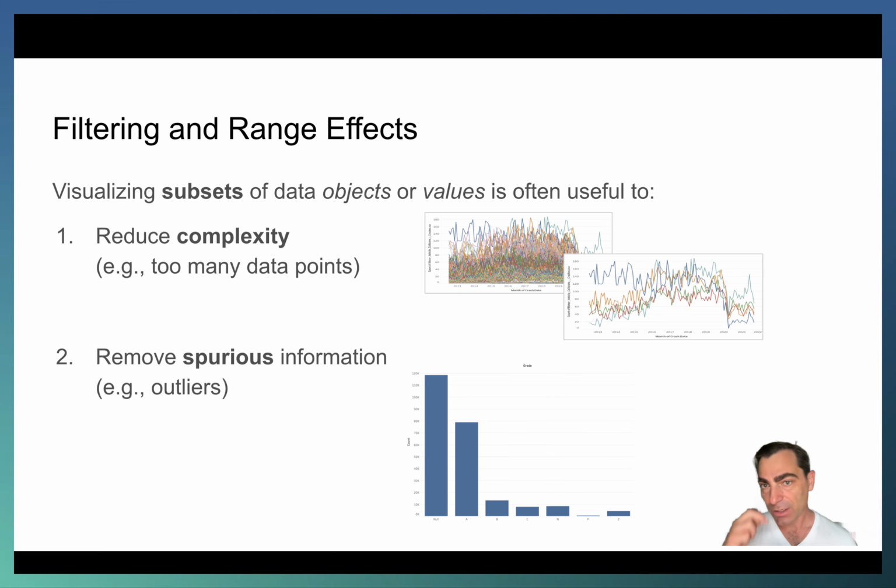Now, why is that needed sometimes and useful? Well, first, to reduce complexity. There are many situations out there where if there are too many objects, it's very hard to visualize all of them.